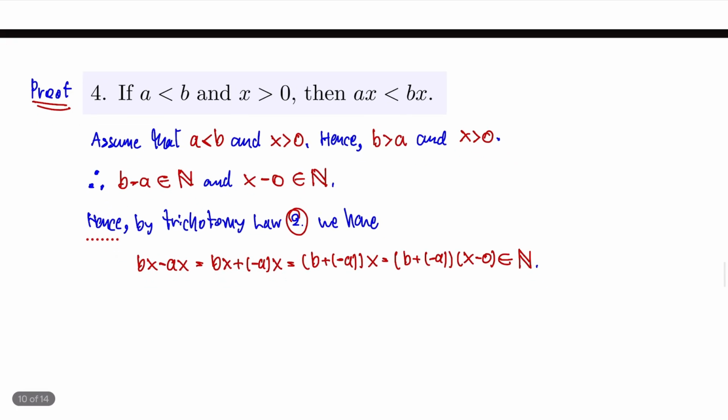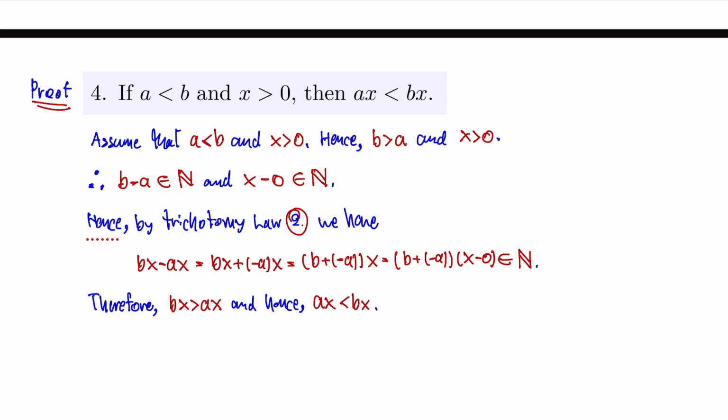Alright, so now we have bx minus ax in the set of natural numbers. Therefore bx is greater than ax, and hence ax is less than bx.